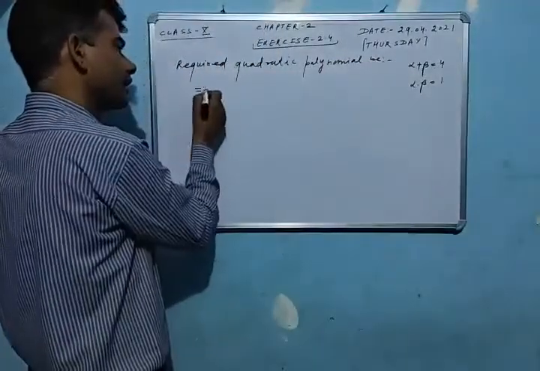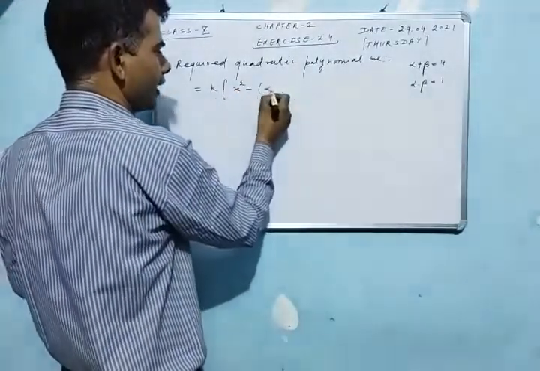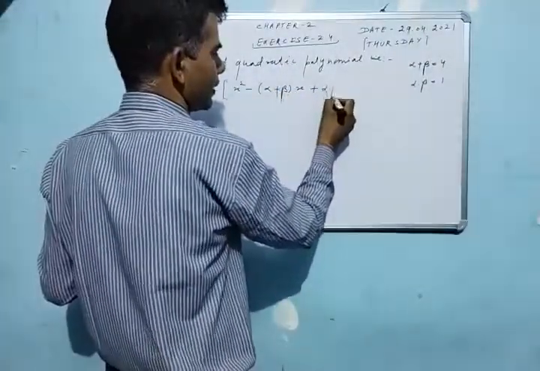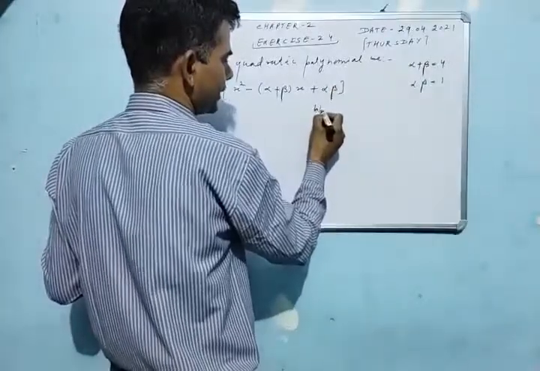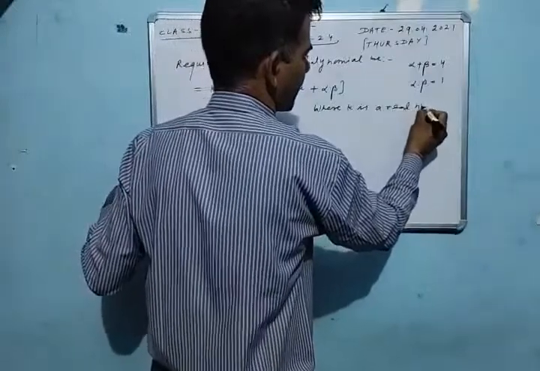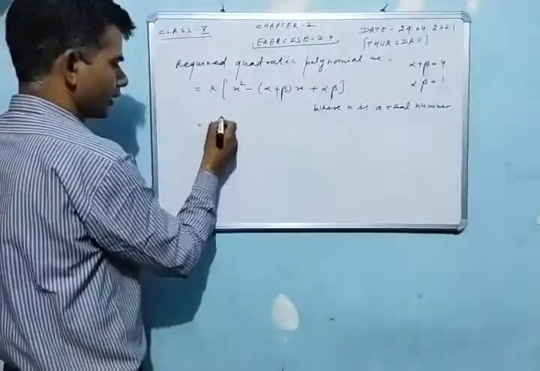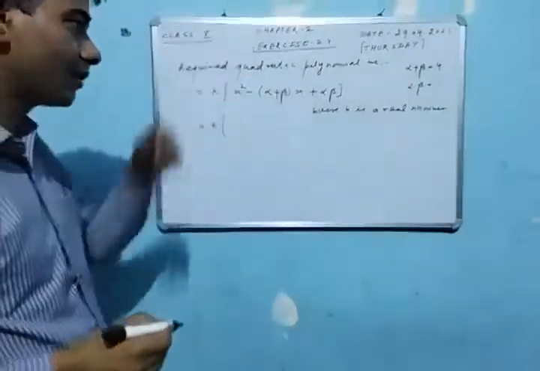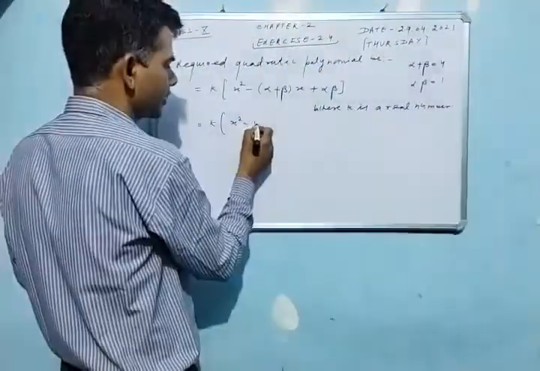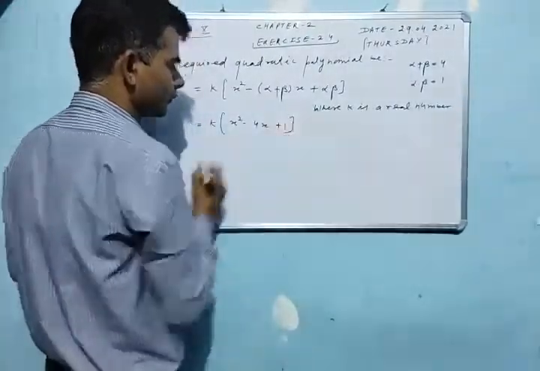K bracket x square minus alpha plus beta x plus alpha beta, where K is a real number. Now students, alpha plus beta is 4, so x square minus 4x, and alpha into beta is 1.